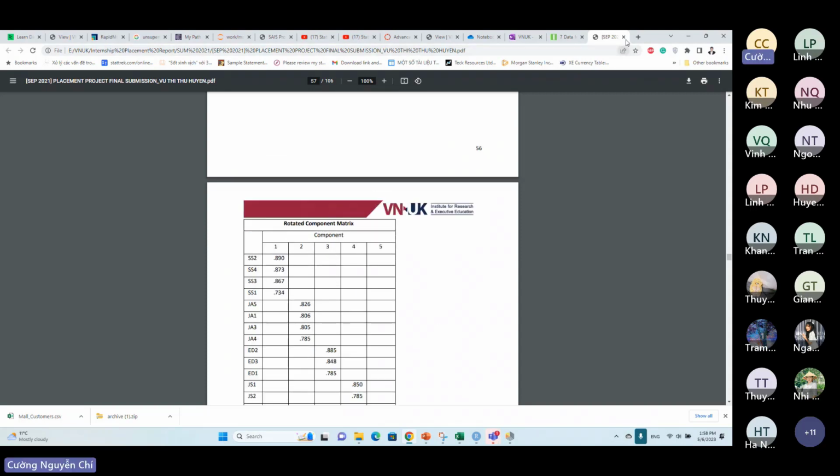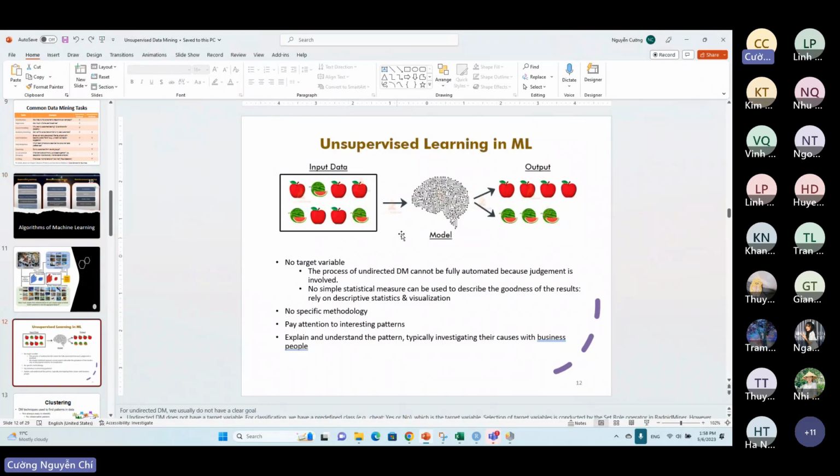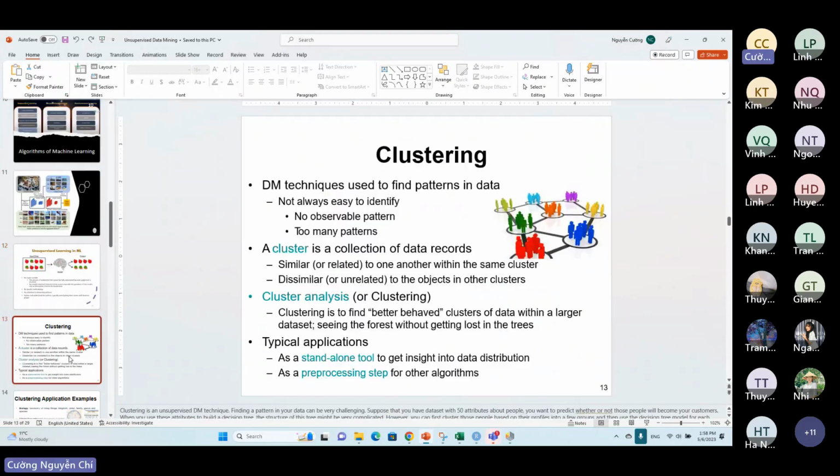Okay, so it's going to be the same thing we do for the principal component and here for the clustering. It will be one of the unsupervised data, and we try to find the pattern in the data, but it's not always easy to identify because there are too many patterns in the data and no observable pattern or something like that.